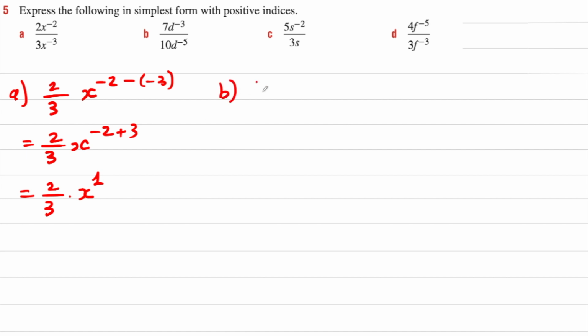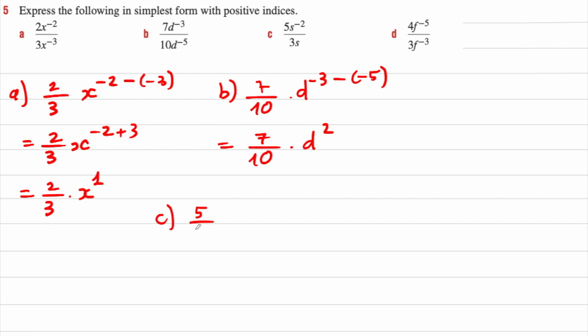Question B, 7 over 10, and D, minus 3 minus 5, 7 over 10 times D to the power of 2 here. Question C, you got 5 over 3 as minus 2 minus 1 equal to s to the power of 3. So 5 over 3 times s to the power of 3 here.